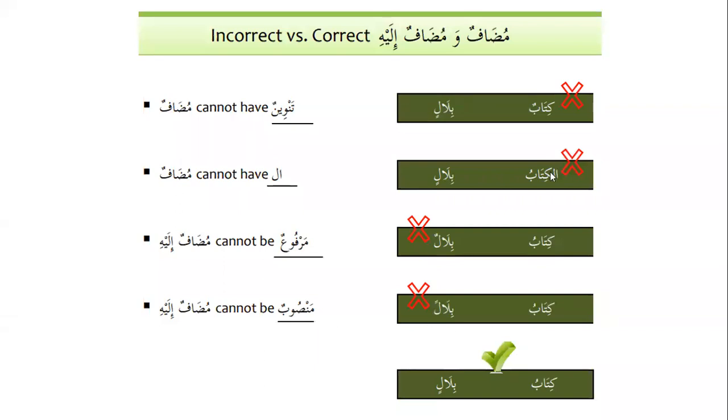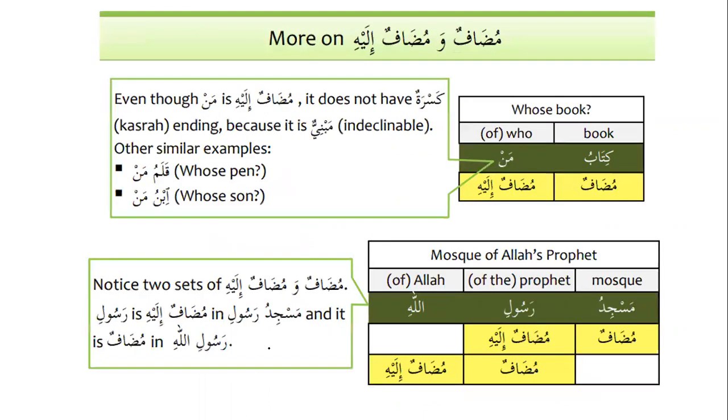The only correct form is kitabu bilalin, as we have discussed, that mudaf ilayh is always majroor, whereas mudaf is light. It can be marfu, mansub, or majroor, but it does not have tanween and it does not have al. As of now, we know this, but in the next lesson, we will see that it does not carry noon as well when we talk about the dual and the plural.